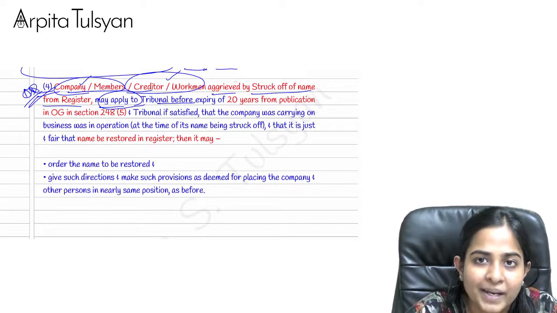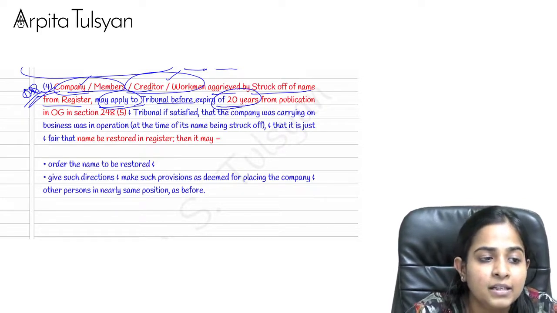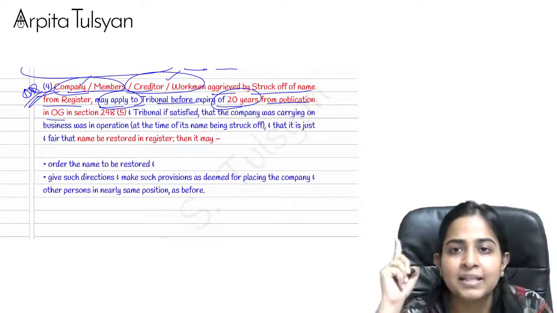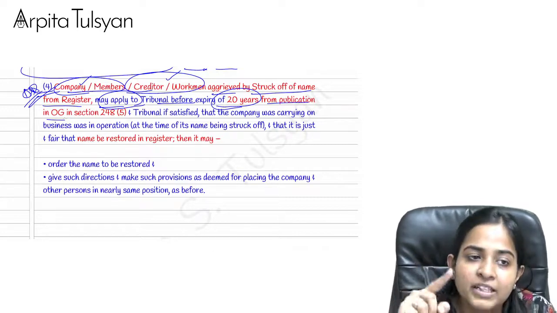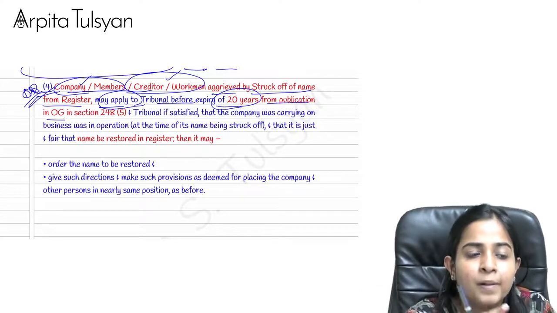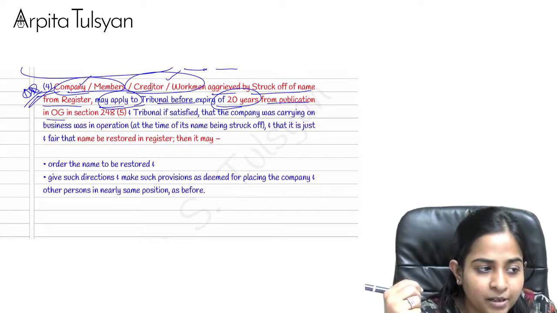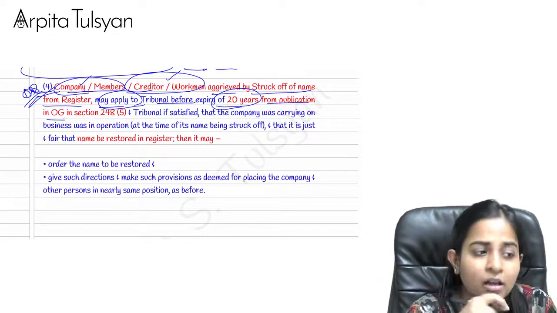They will make an application to the tribunal within 20 years from publication in the official gazette. Remember that the striking off notice was published in the official gazette. From that date, within 20 years, these people, if they are aggrieved, can make an application to the tribunal to please reconsider this.